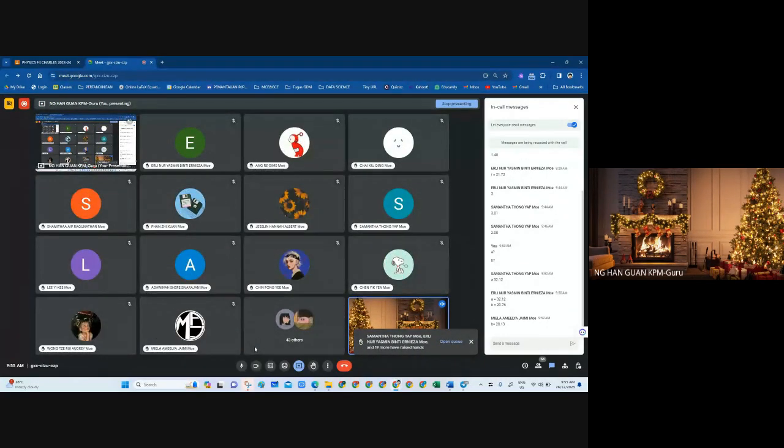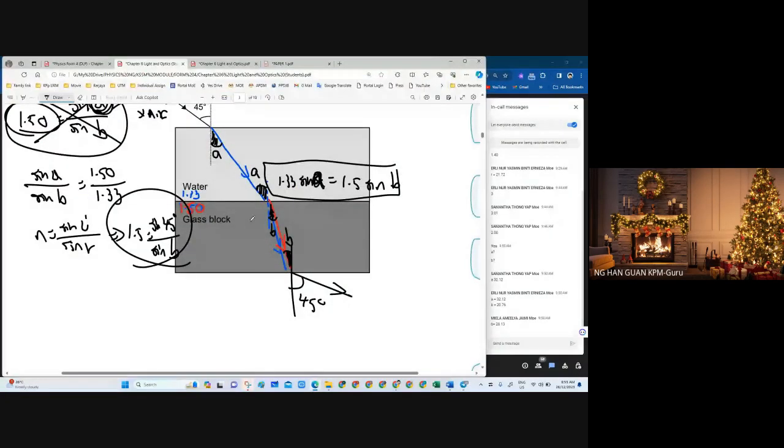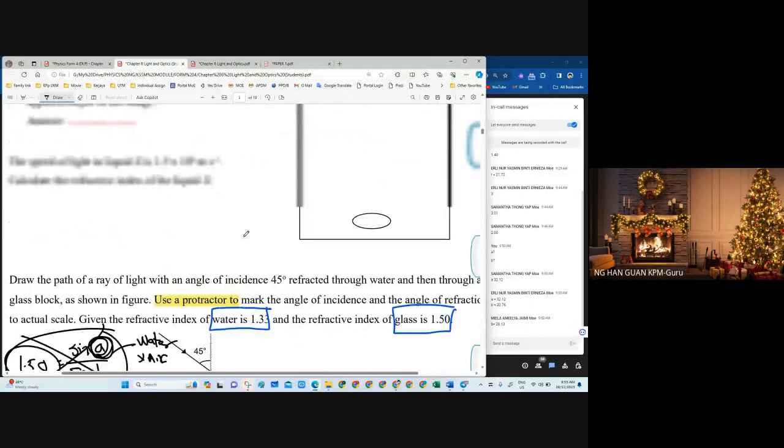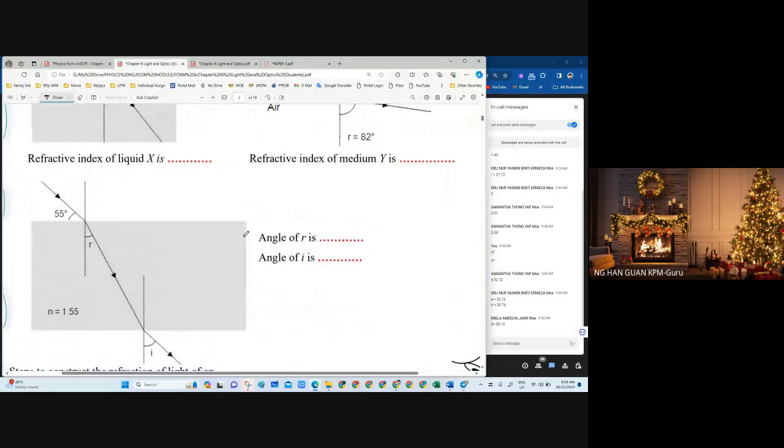Okay, so hopefully you learn from the mistake. SPM, they always like to ask questions like this. The first one may give you two different media, and then some students will apply the wrong formula. Or they will ask you a question like this one, which will cause you to apply the wrong angle.